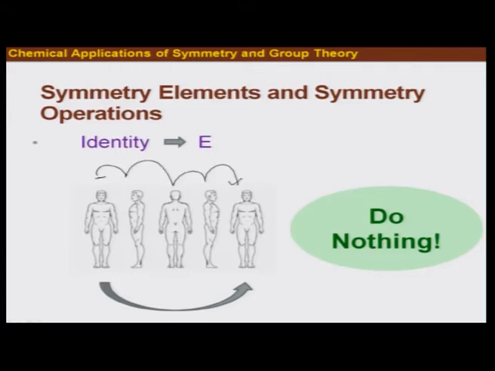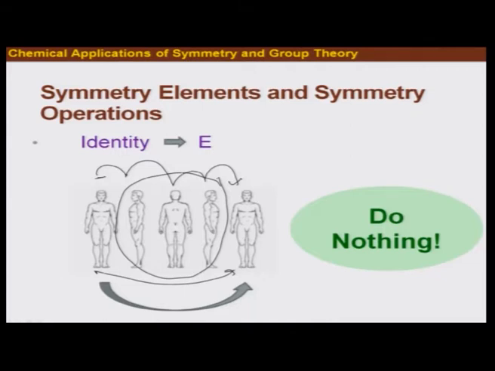So ultimately there is no change in the position of the person. Now if I do not go through all these intermediate steps, and I come from this state to this state directly, the symmetry operation that we have performed is an identity operation.